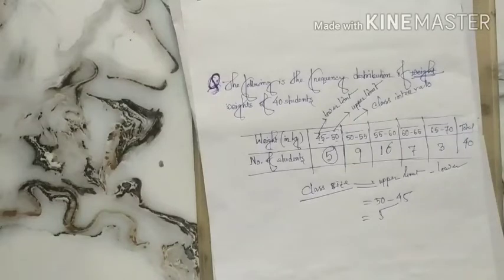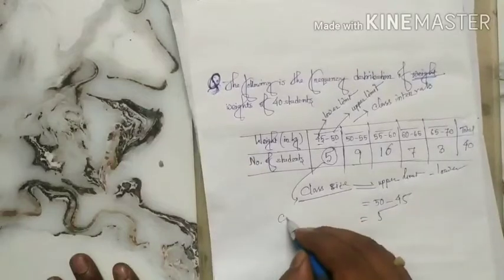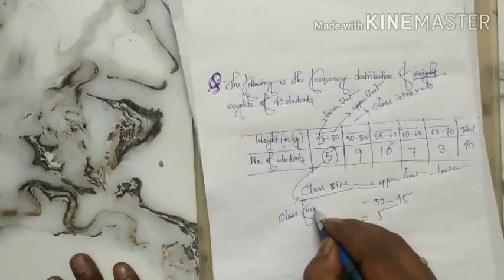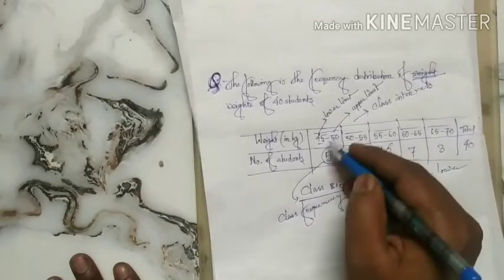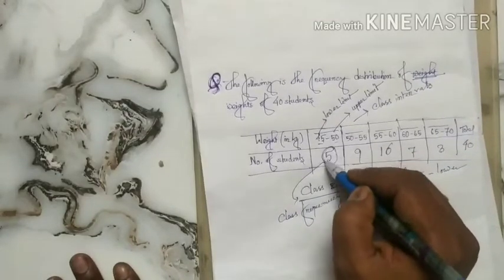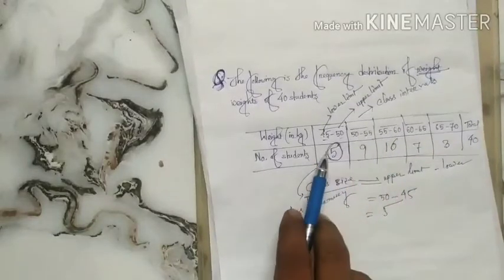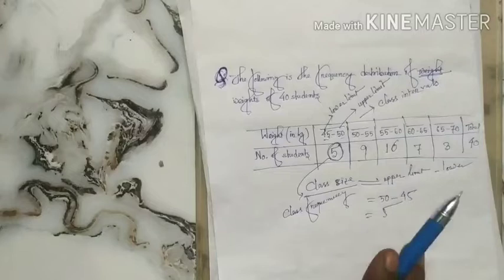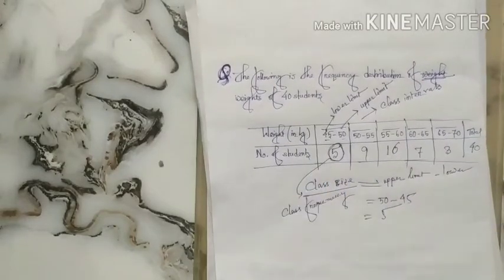And this is called the class frequency, that means the frequency for this class. The class frequency of this interval is 5. That means 5 students have weights between 45 and 50 kg.